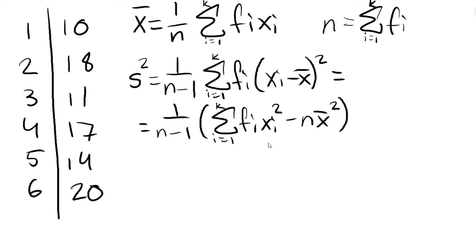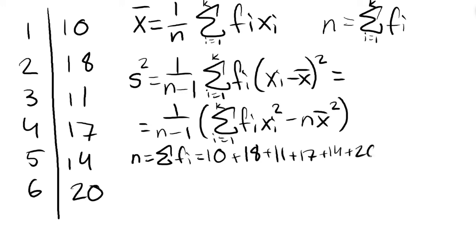So let's do this example to see what this variance would be. First off, what is our n? Well, we know that it is the sum of fi. So it's 10 plus 18 plus 11 plus 17 plus 14 plus 20, and that is 90.